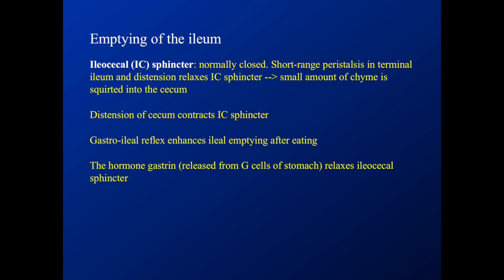The hormone gastrin, which is released in the stomach, relaxes the ileocecal sphincter, and this obviously promotes flow from the small intestine into the large intestine to allow space for more stomach contents to be put into the small intestine.